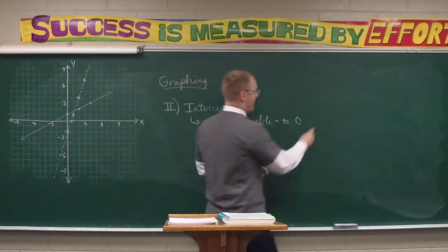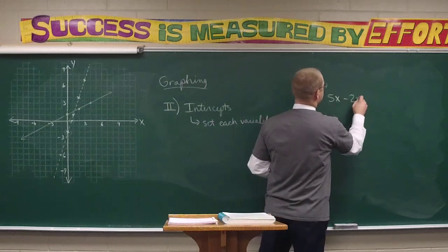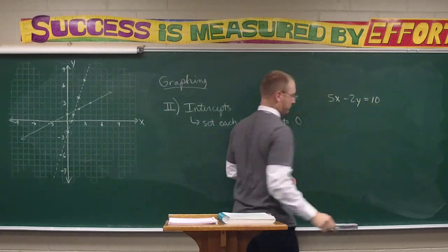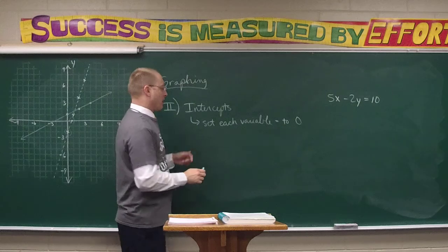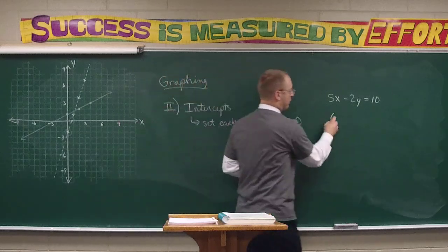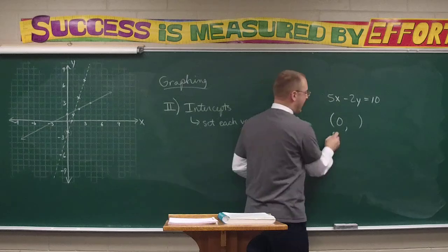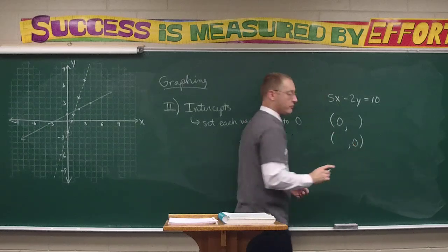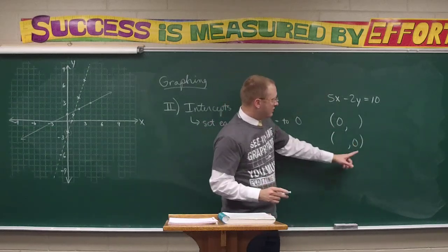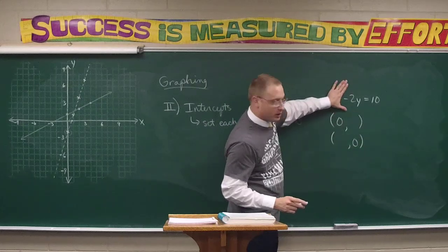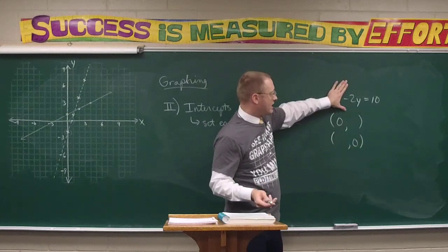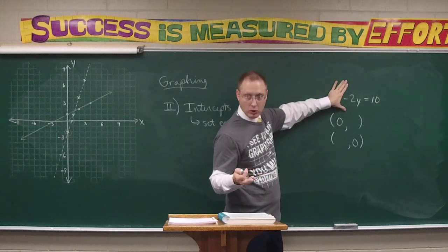For instance, if I have the equation 5x minus 2y equals 10, I'm going to set each variable equal to 0. First, I'm going to put a 0 in for the x, and the next time I'm going to put a 0 in for the y. If I plug a 0 in for the x, this whole term falls out, and I'm left with negative 2y equals 10. What must y equal, class?